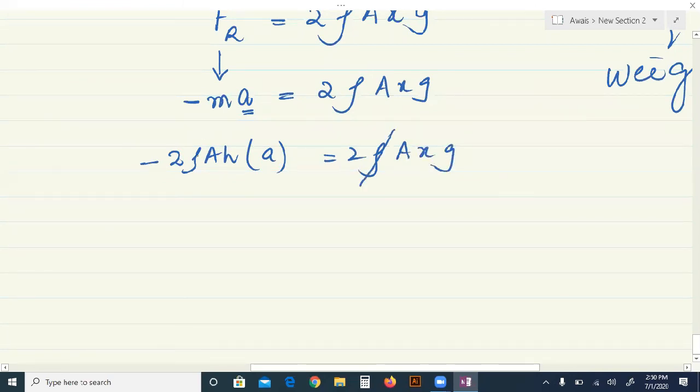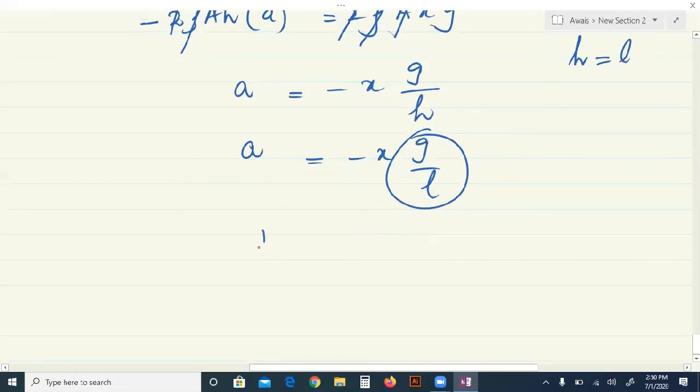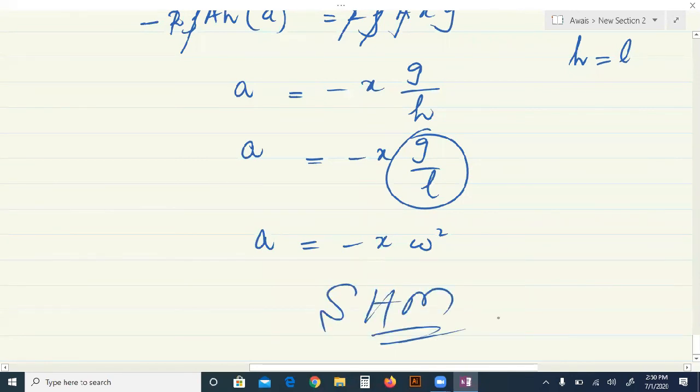Now rho cancelled, A cancelled, 2 cancelled. So we can write a is equal to minus x g over h. h can be replaced with the length L. So we can write here a is equal to minus x g over L. So g over L is also omega square. Hence, the acceleration of the liquid in the tube is minus x omega square. So it is now tested simple harmonic motion.